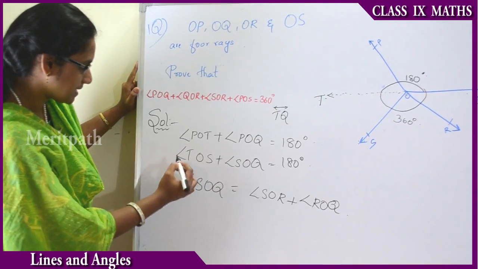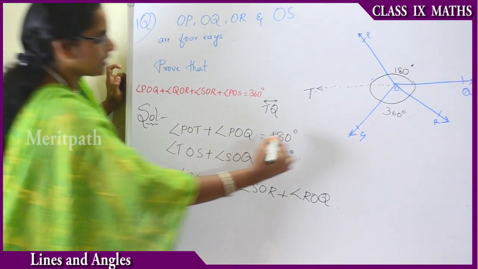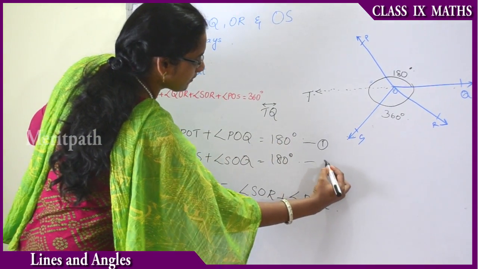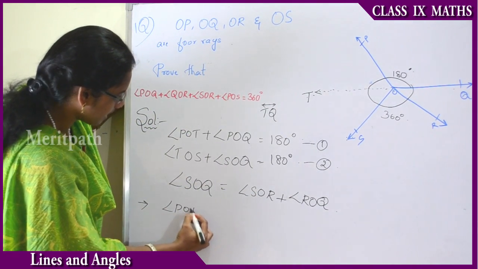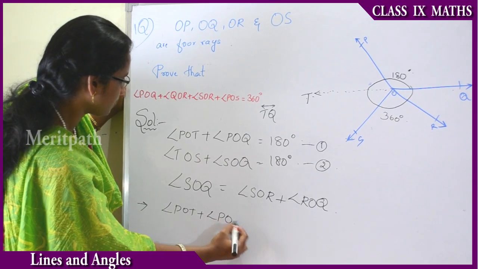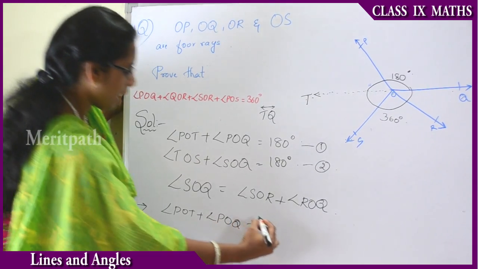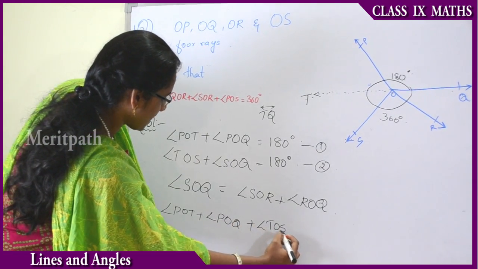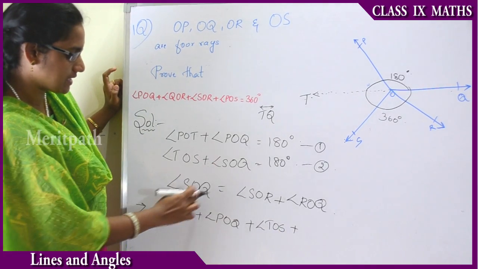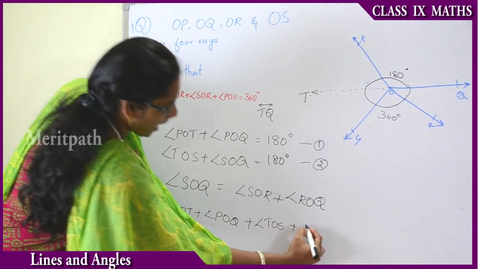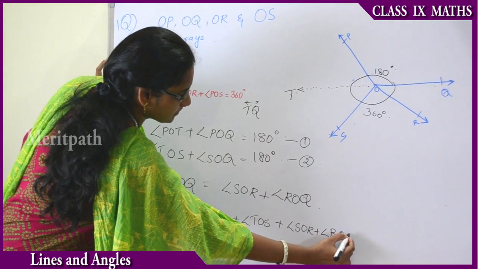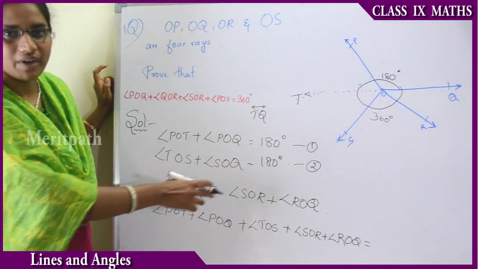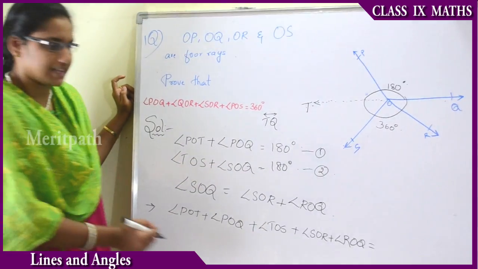Now, adding the first equation and the second equation, angle POT plus angle POQ plus angle TOS plus angle SOQ, which is represented as angle SOR plus angle ROQ, equals 180 plus 180, that is 360 degrees.